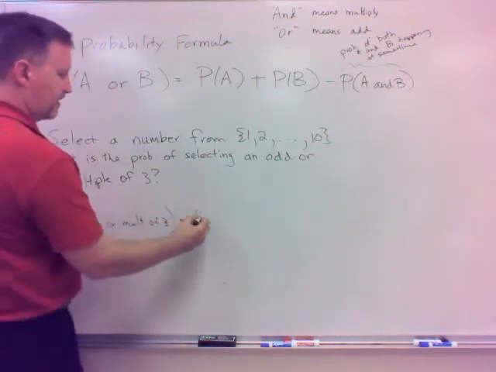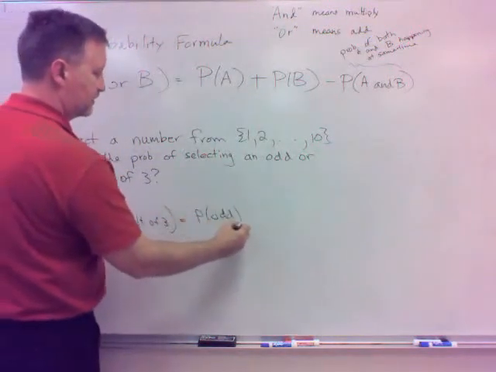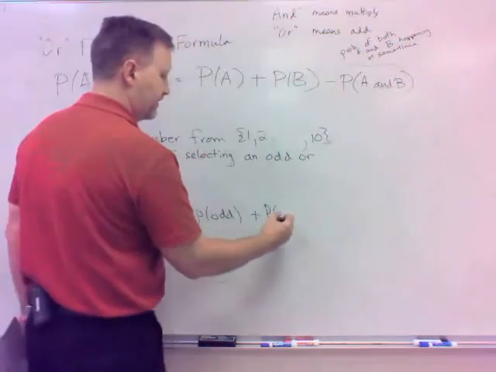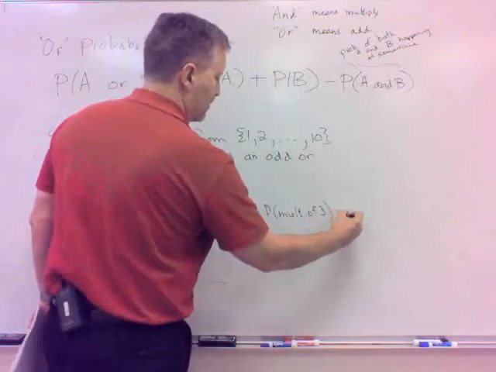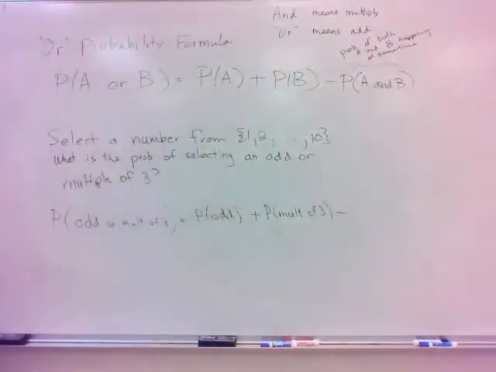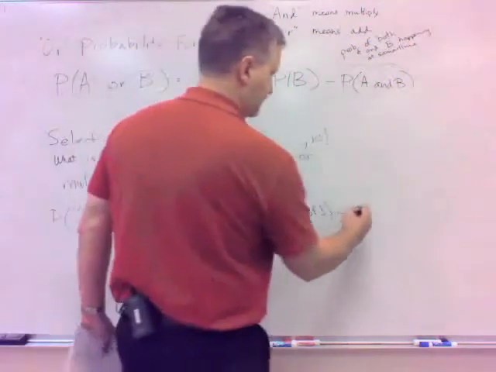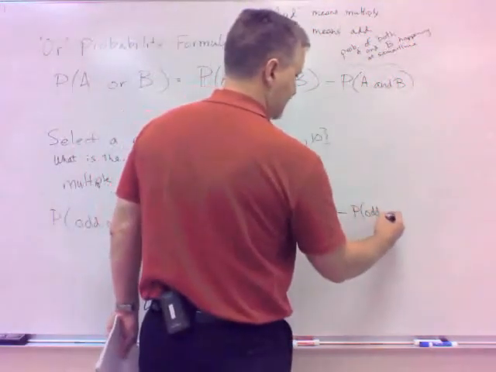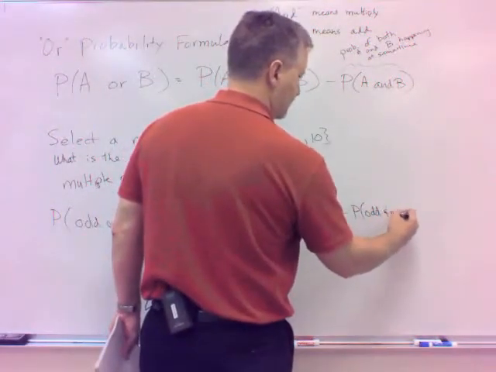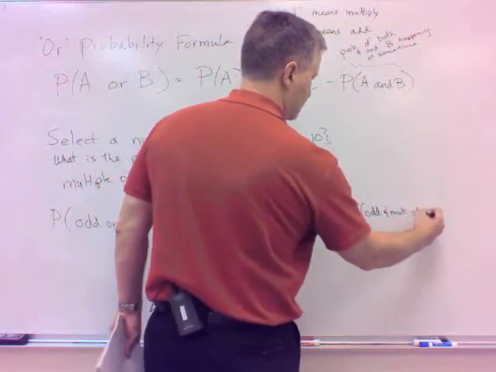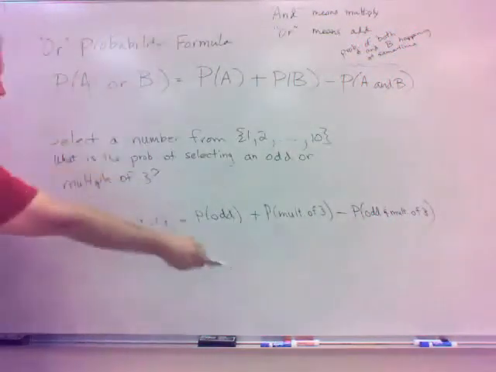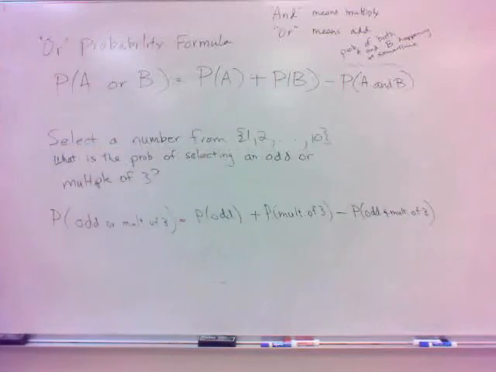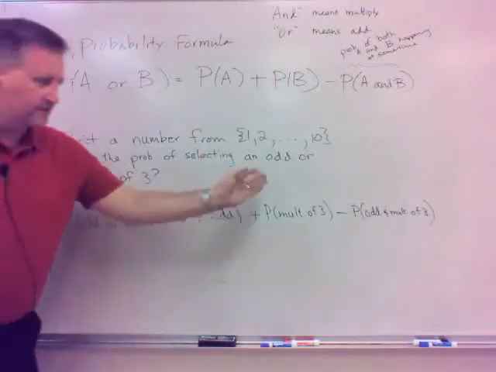It's going to be the probability that it's odd, plus the probability that it's a multiple of 3, minus the probability that it's both odd and a multiple of 3 occurring at the same time. That's the way it works, okay? Just plugging in the pieces there. But it's an OR, so we're adding. We've got the little catch there, subtract that little bit.